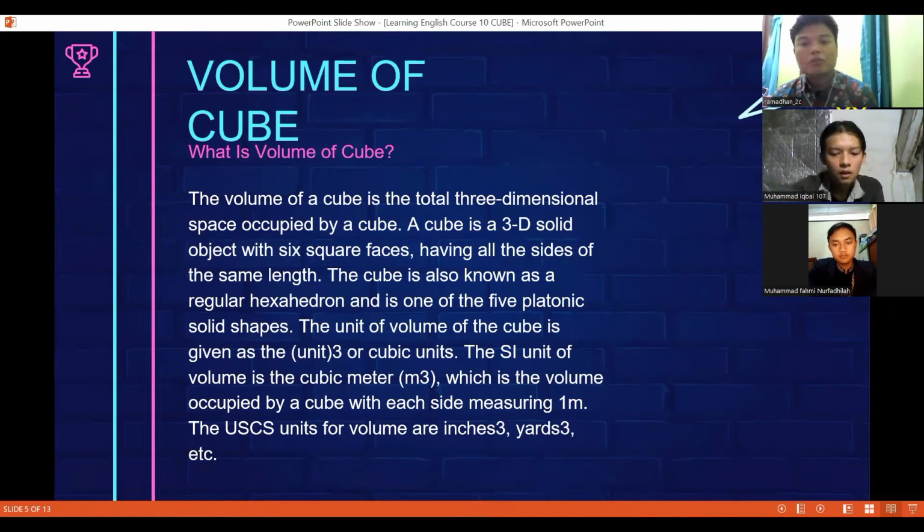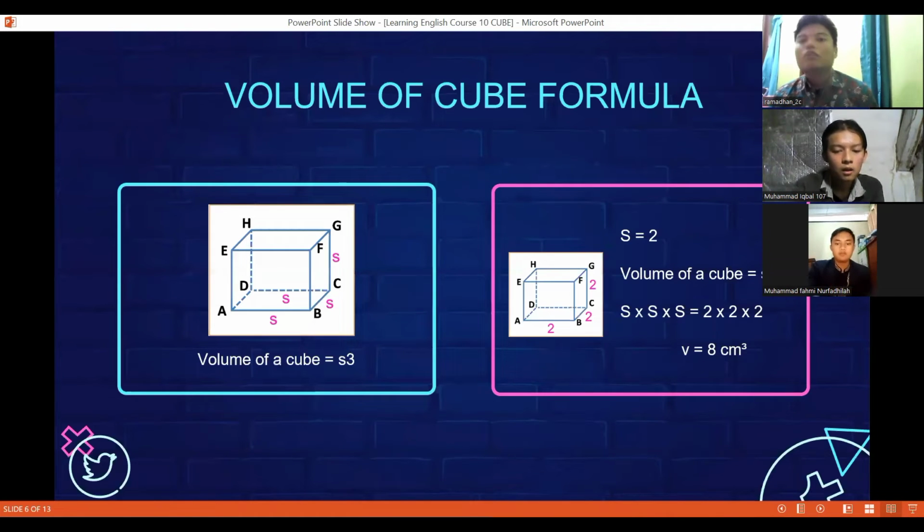The SI unit of volume is the cubic meter, m3, which is the volume occupied by a cube with each side measuring 1 meter. The USC units for the volume are inches 3, yards 3, and so on. Volume of a cube formula.